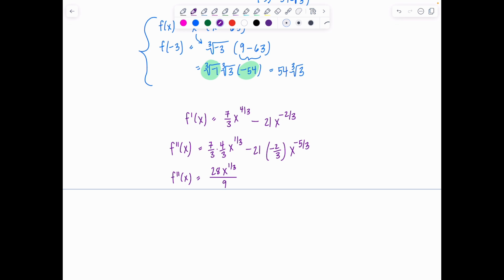Now this is going to be positive 42 over 3x to the 5/3. So this time my common denominator is 9x to the 5/3. So the first term needs an x to the 5/3. And then the second term just needs a 3. So that's pretty good for us. So let's see here.